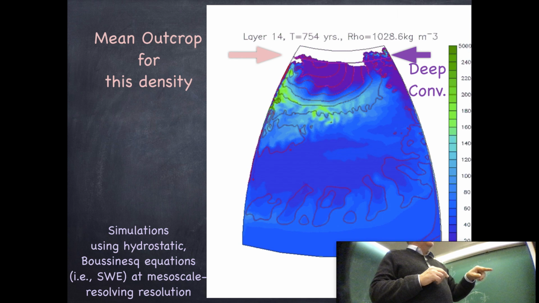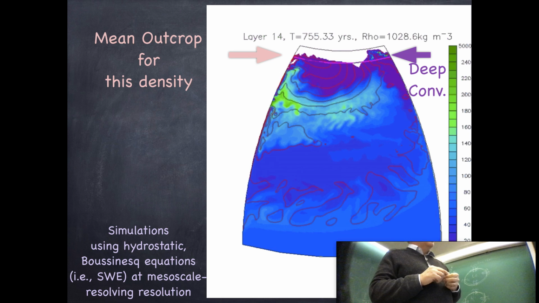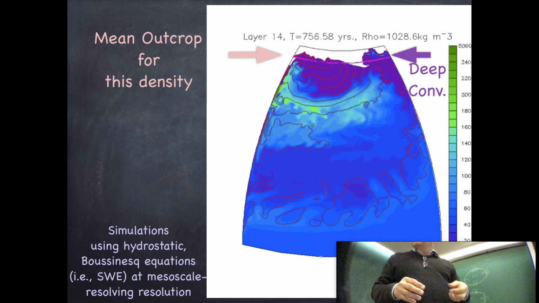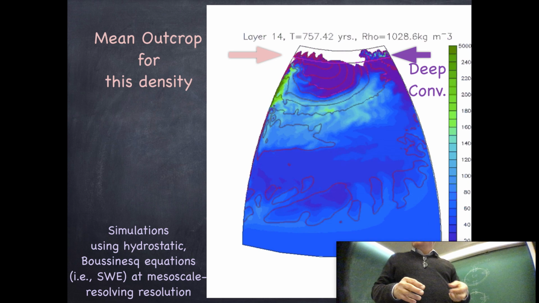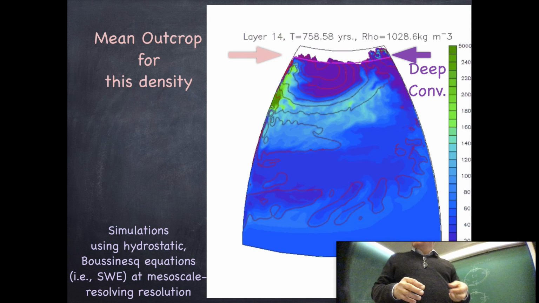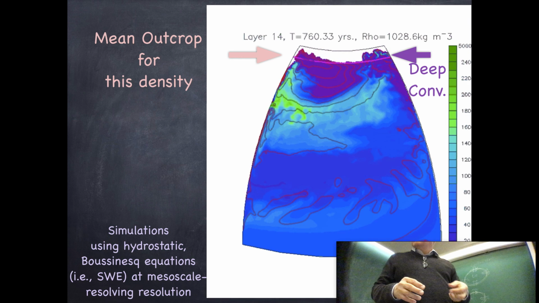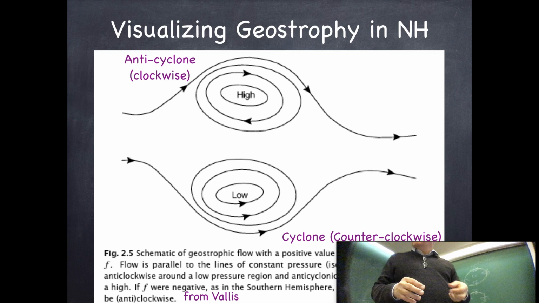And so you can see that there's cyclones and anticyclones kind of superimposed, having to do with the way that the pressure field varies in both the vertical and the horizontal. Does that make sense to everybody to some extent? So this is the usual one to keep in mind from Vallis. We'll come back to this one over and over again, but the other stuff is sort of bigger flavors.